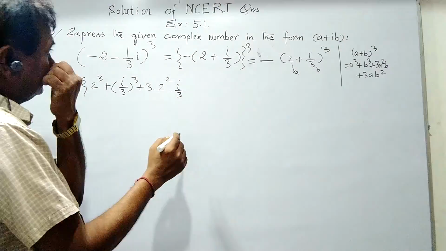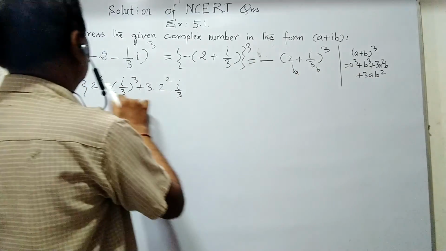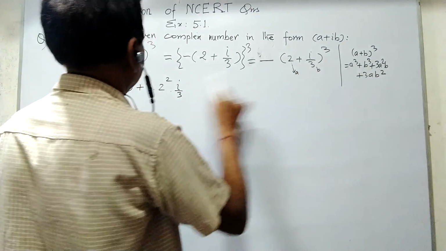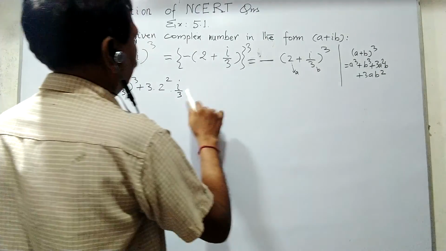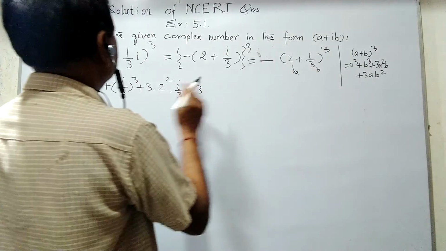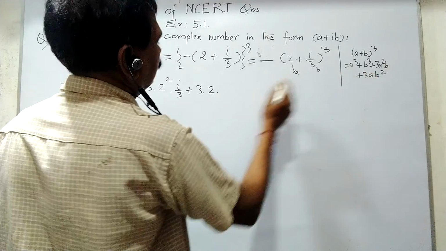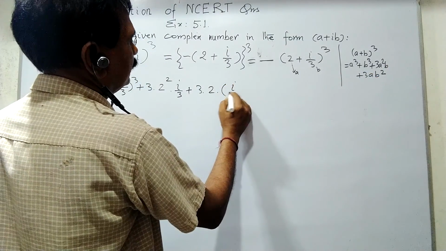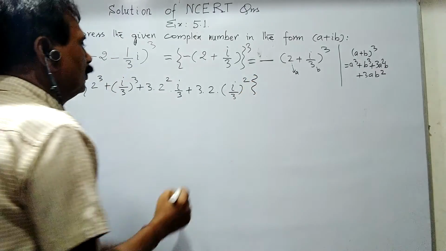Okay, then this is a cube plus b cube plus 3a square b. Now 3ab square means 3 into 2 and b square. b square means (i/3) to the power square.